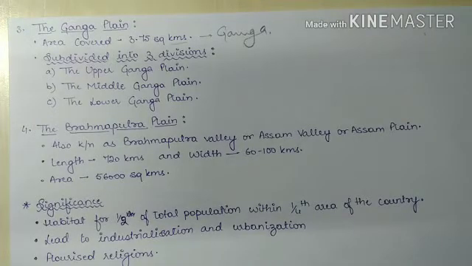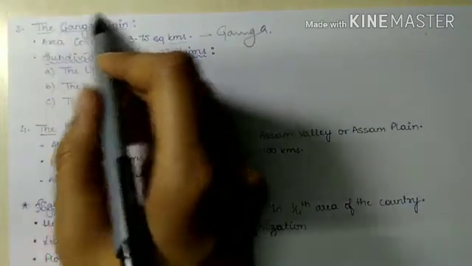As well as the deposition of peninsular rivers such as Chambal, Betwa, Ken, Son, etc., which join Ganga river from the south. Because of their deposition, the Ganga plain is formed.